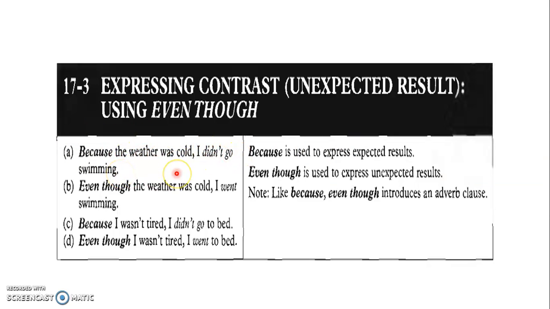But it's different with even though. Even though is used to express an unexpected result. Even though the weather was cold, I went swimming. So he or she doesn't care about the weather. Even though the weather was cold, he or she still went swimming.